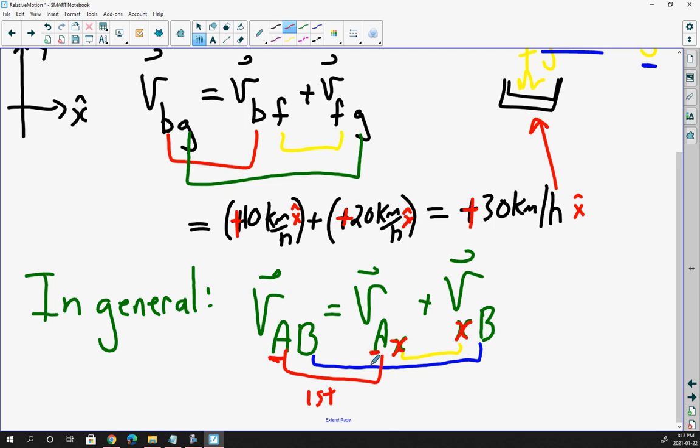The last letter here, which is B, has to be the last letter here. And then you need some other reference frame, in this case X representing any other reference frame, to link the two reference frames. So this is the general equation for always solving problems like this. And we looked at this a little bit in grade 11.